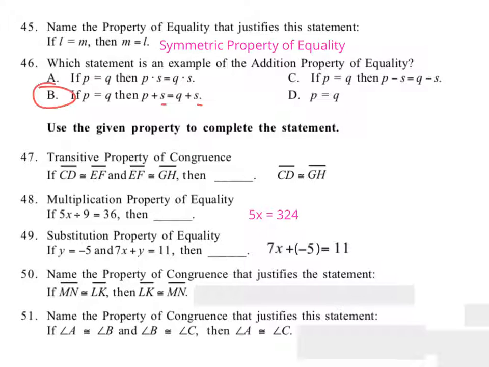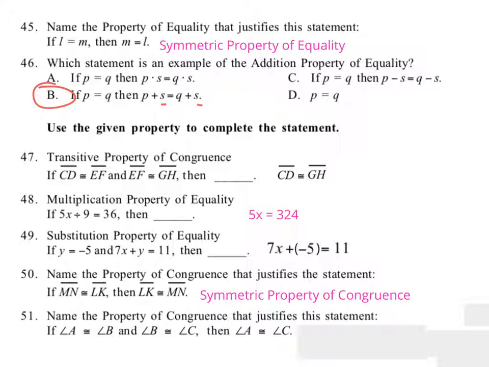Same thing here, where segment LK is closer, segment MN is further away. Symmetric property means you can switch the sides of something. We can take what was on the left and put it on the right, and what was on the right and put it on the left. That's what they're doing here, except they're not equal, they're congruent. So we say the symmetric property of congruence.